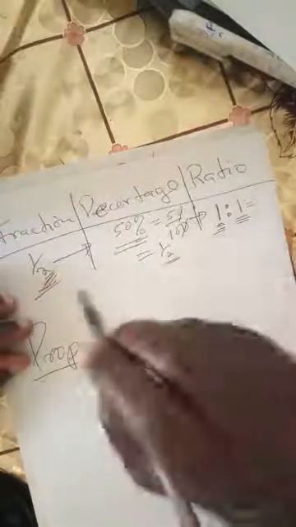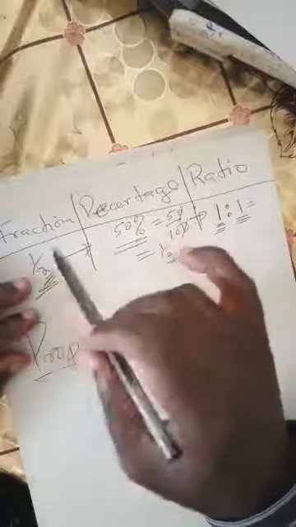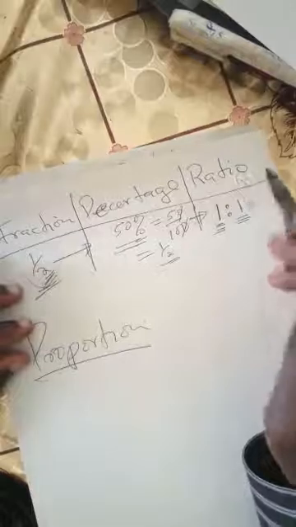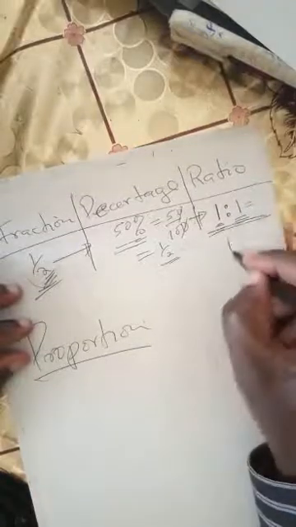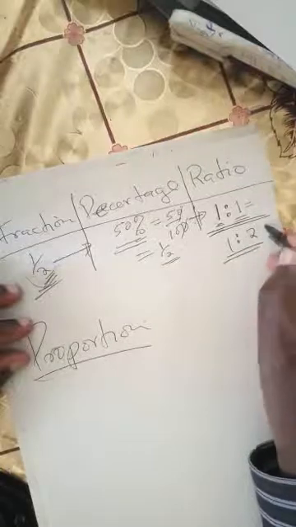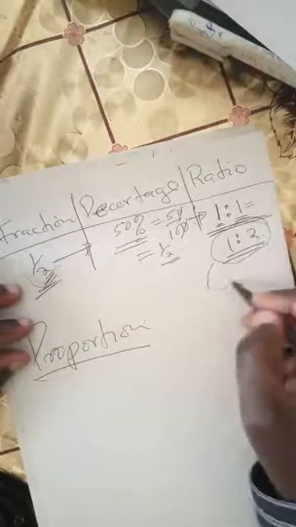Sometimes there's a little bit of confusion there, where some people would say a half is 1 to 2, but 1 to 2 means you are dividing the whole into three parts.